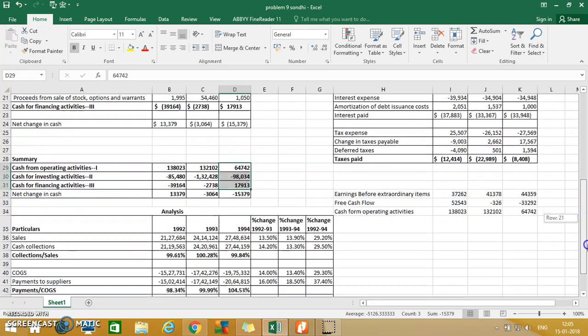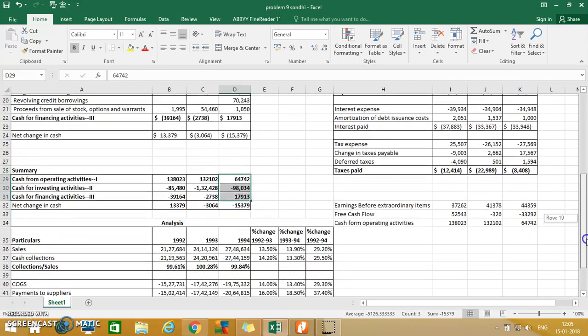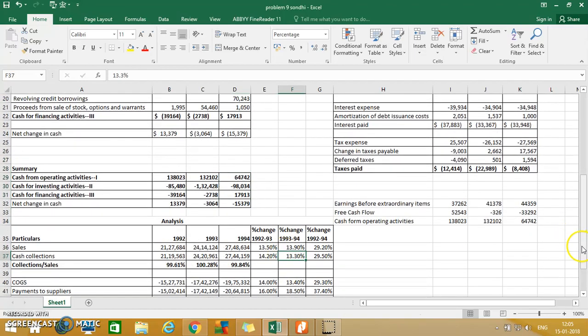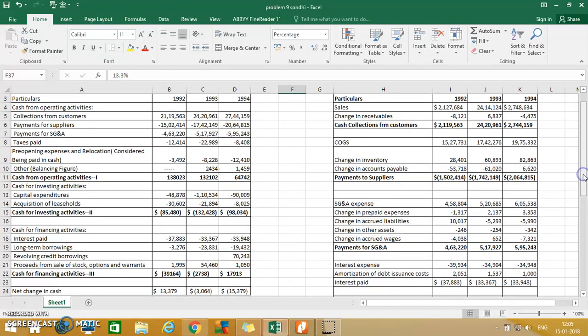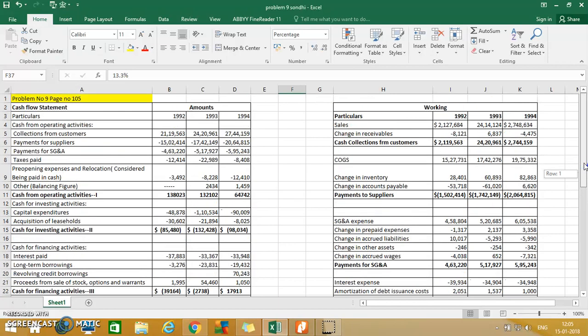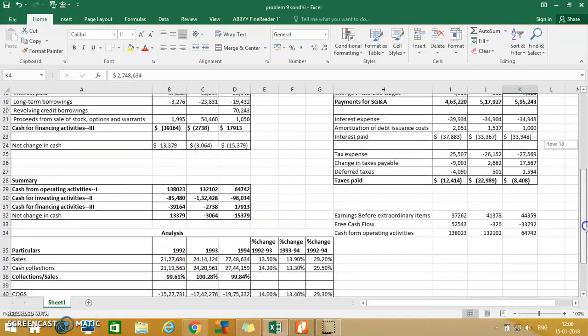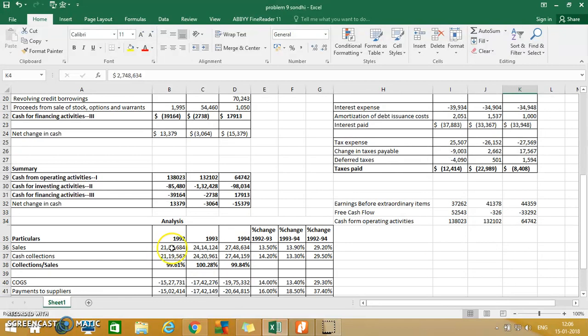How do I analyze the entire thing? I will take the sales from the question that has been given to me, or rather from the working year. Sales 1, 2, 3. That is 2127 billion for 92, 93, and 94 respectively. It comes in, and I put it across here, sales.